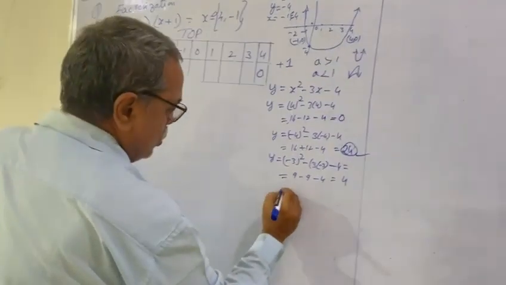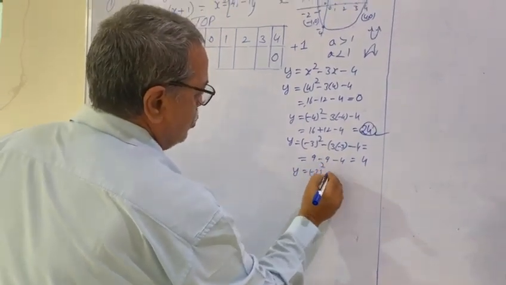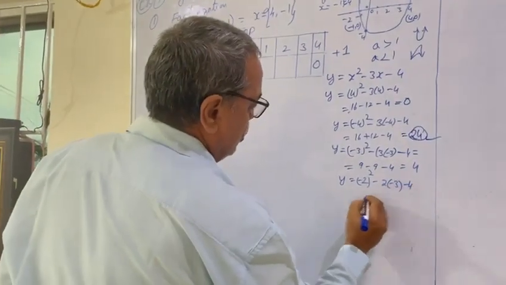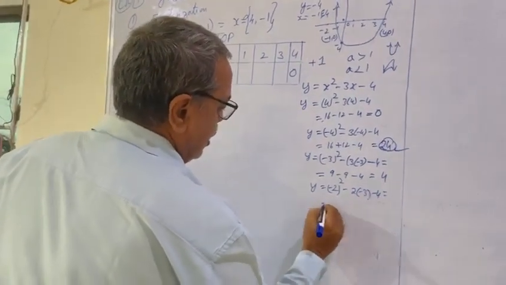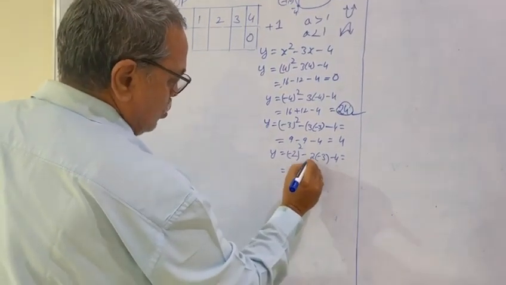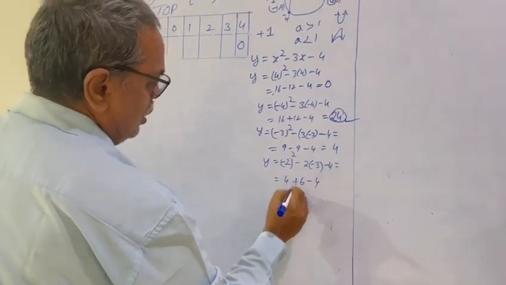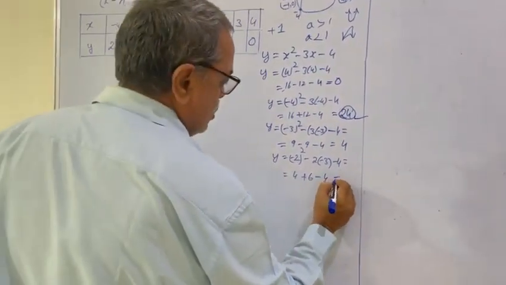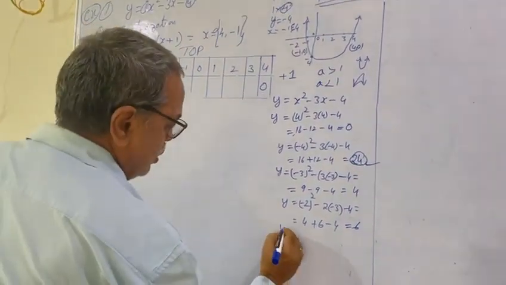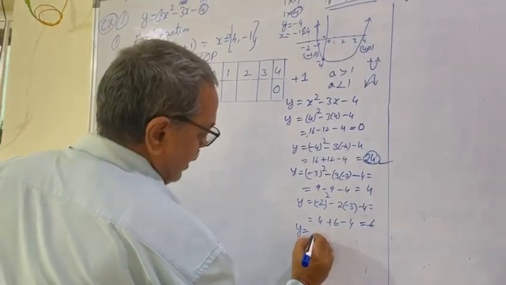Next, minus 2. Minus 2 whole square minus 3 into minus 2 minus 4. 2 2s are 4 plus 6 minus 4. How much? 6 is the answer. For minus 2, y is 6. Next, x is equal to minus 1.